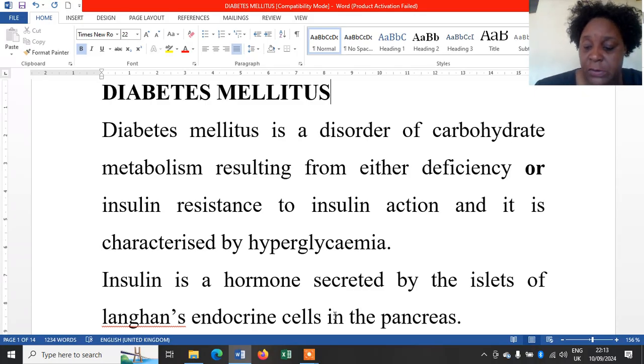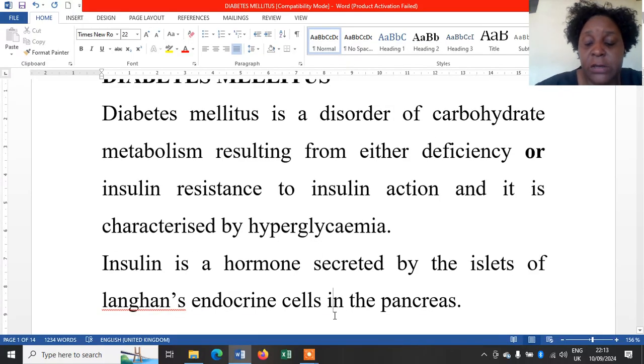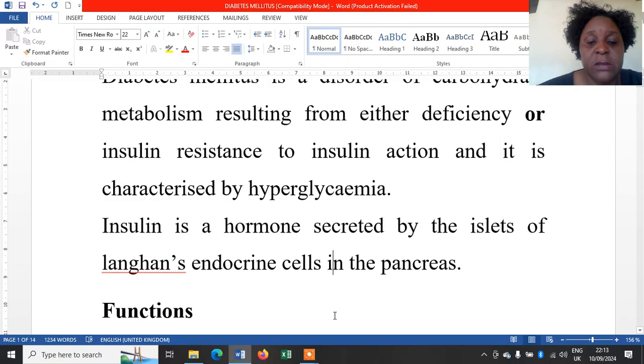Insulin is a hormone secreted by islets of Langerhans endocrine cells in the pancreas.